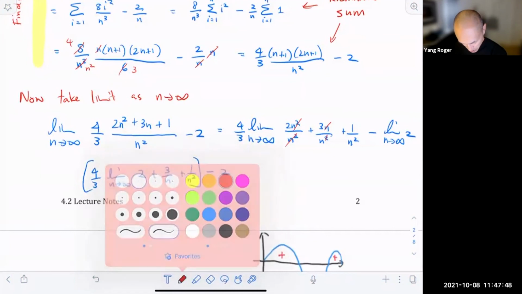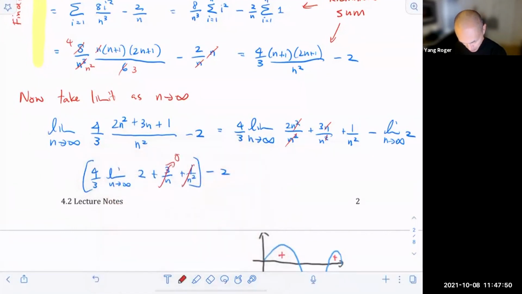So this part goes to 0. This part goes to 0. But I can't do the 2 minus 2. I have to multiply by 4/3 first. So that was the error that I made.